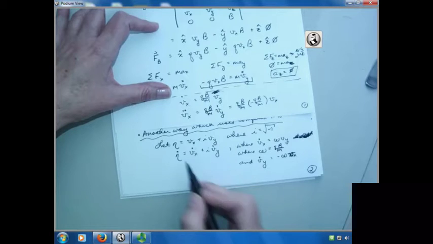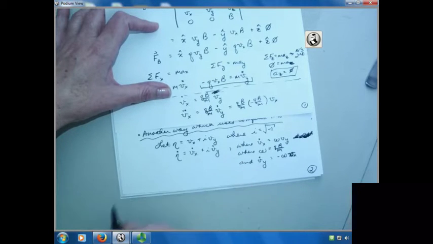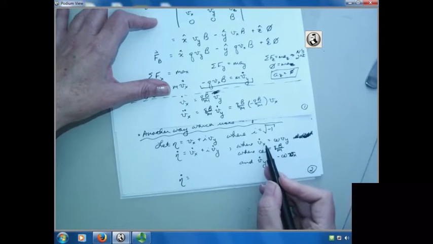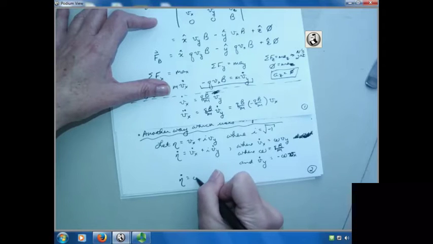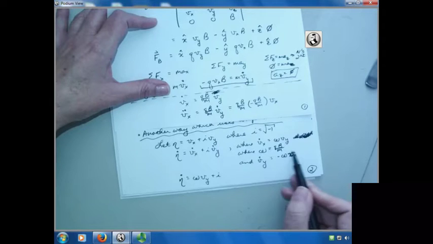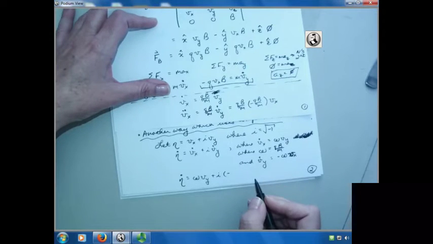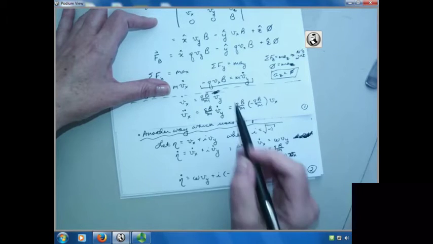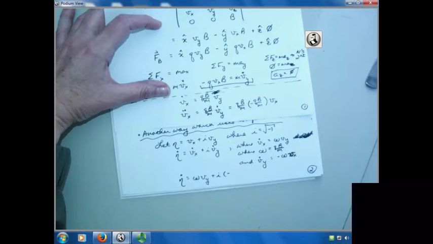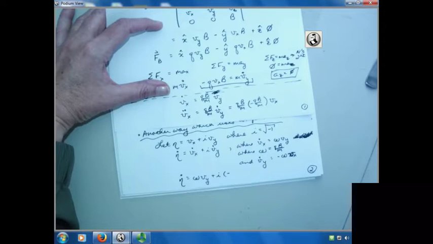All right, so I can plug that in here, and I get that eta dot is equal to Vx dot, which is omega Vy, plus i times Vy dot, which is negative omega Vx. But I have a sign error here, maybe. Let me make sure that I don't have a sign error here. No, I'm okay.